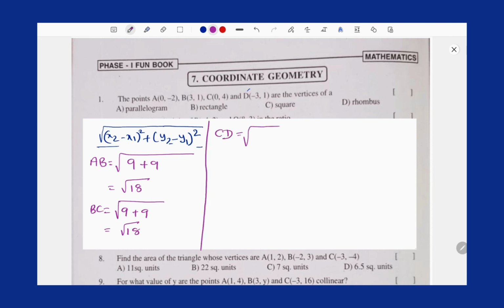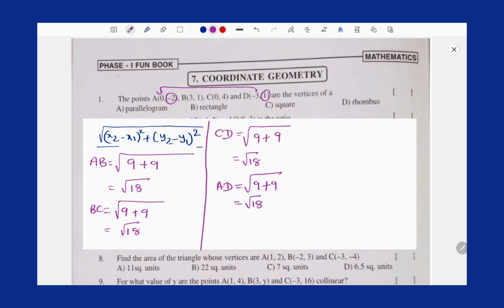Here minus 3 minus 0, minus 3 whole square 9, plus 1 minus 4, minus 3 whole square 9. So that is equal to root 18. Next AD. Minus 3 minus 0, minus 3 whole square 9, plus 1 minus (minus 2), 3 square 9. So here also we get root 18.